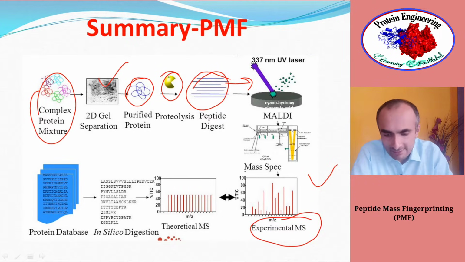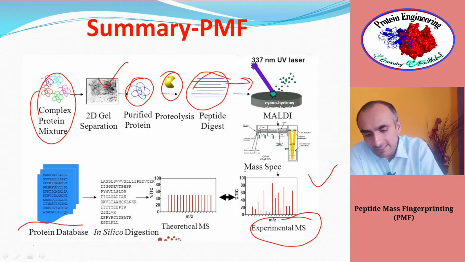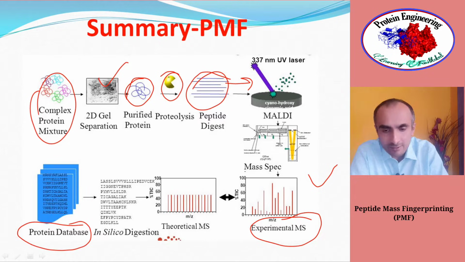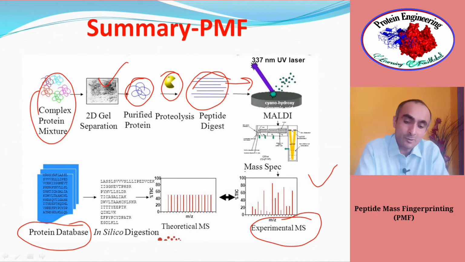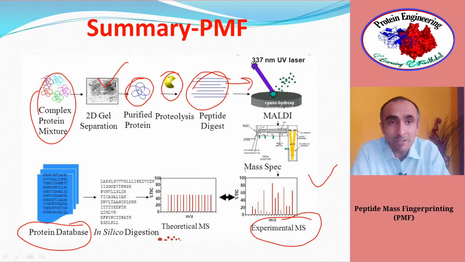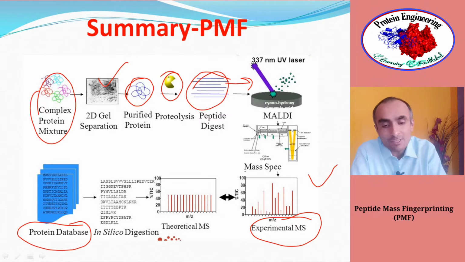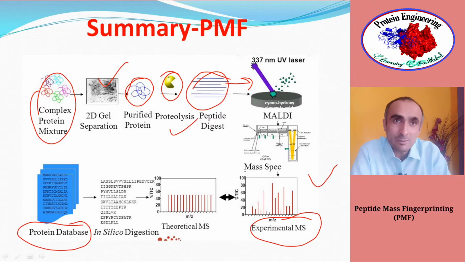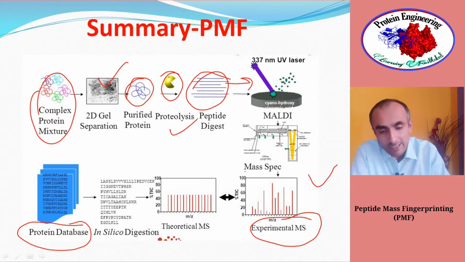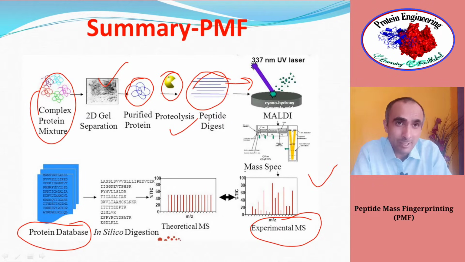Simultaneously you have a protein database available for the organism whose proteome you are studying. In that proteomic database, a computational program will cleave each protein into peptide fragments using the same enzyme which was used for preparation of the experimental spectra, and so you get a number of theoretical spectra available.